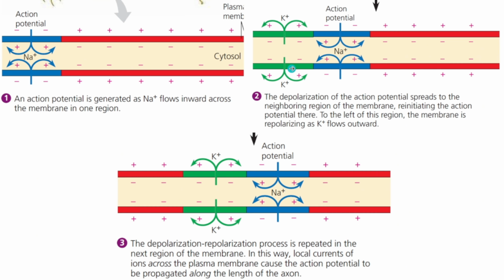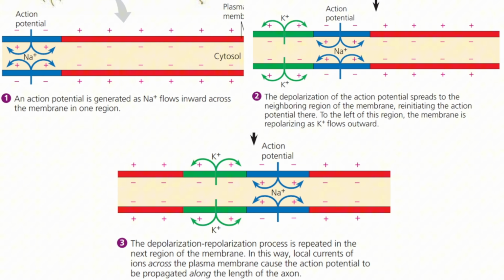So when the depolarization of the first part has occurred, the neighboring part of the membrane starts to initiate the action potential. And to the left of this region, the membrane is repolarizing as potassium flows out.